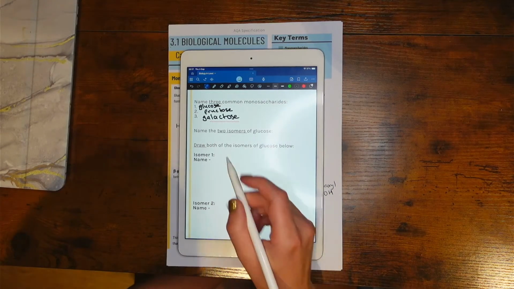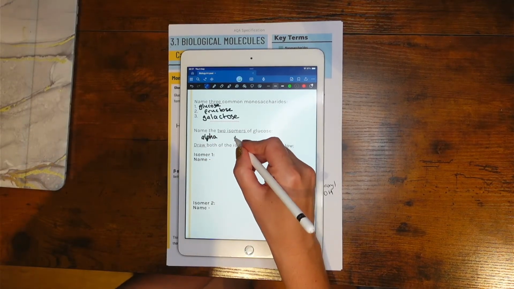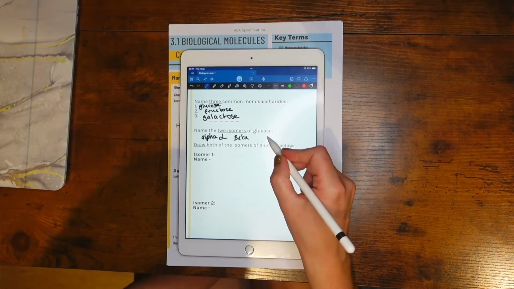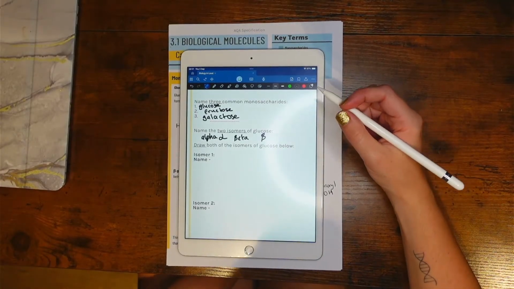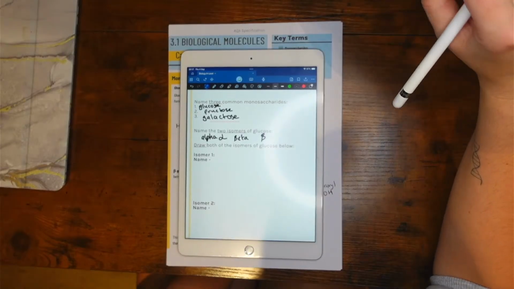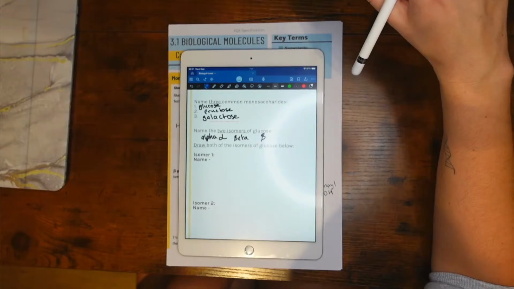So 2 isomers of glucose, we have alpha and beta. We could do alpha, beta as those 2 symbols. And then we have the next bit, which is naming, or we've got the name, but then you have to draw both of those isomers as well.